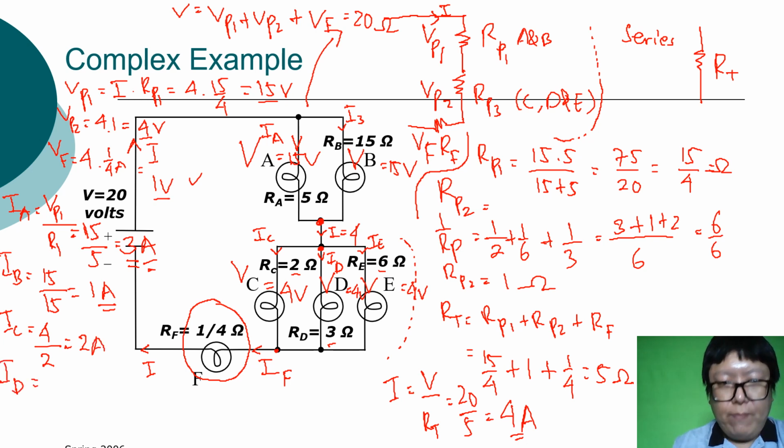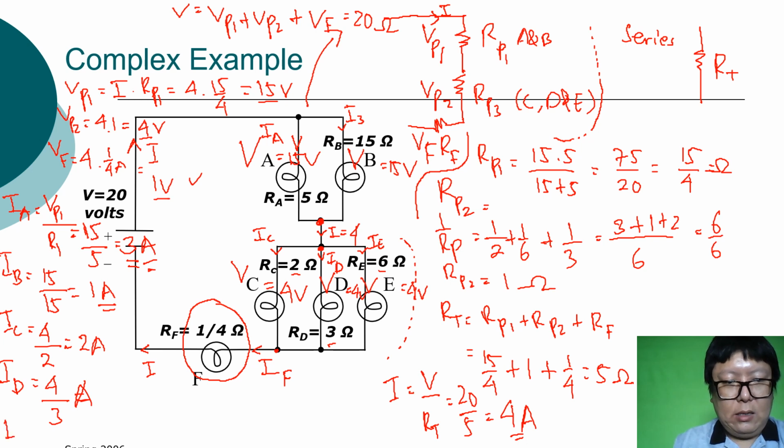ID is, still use the same, the voltage at C, D, and E is equal, right? So VP2 is 4 again, divided by 3 equal to 4 per 3 amps, right?